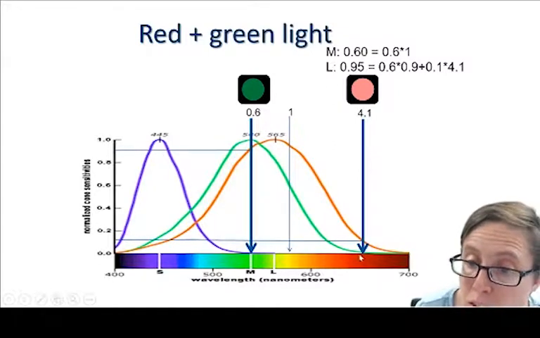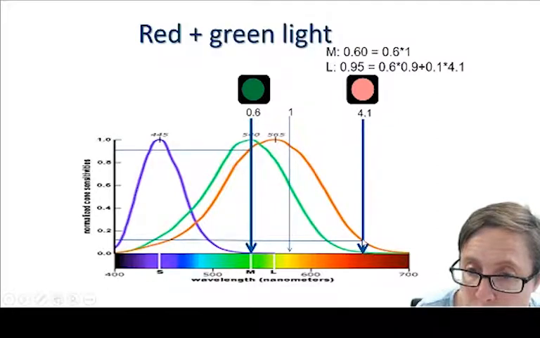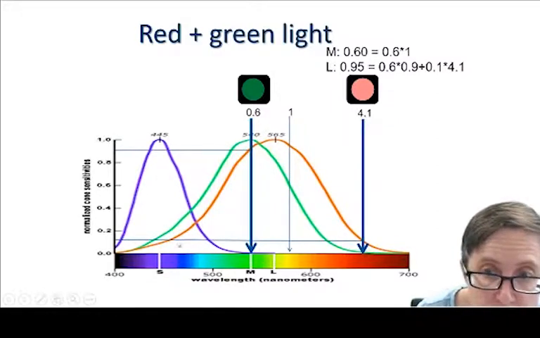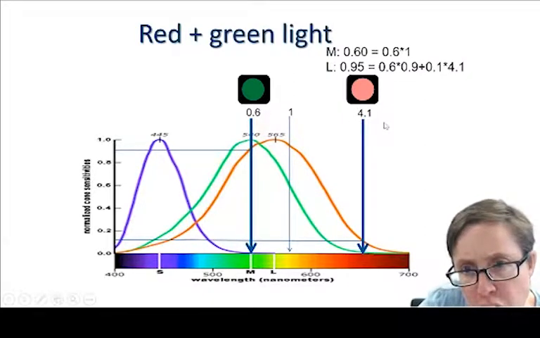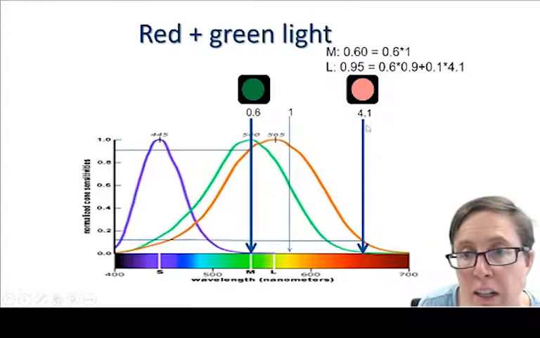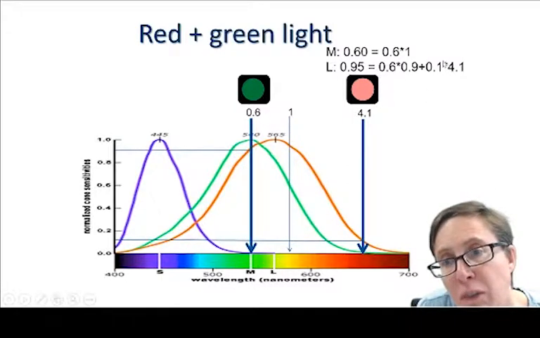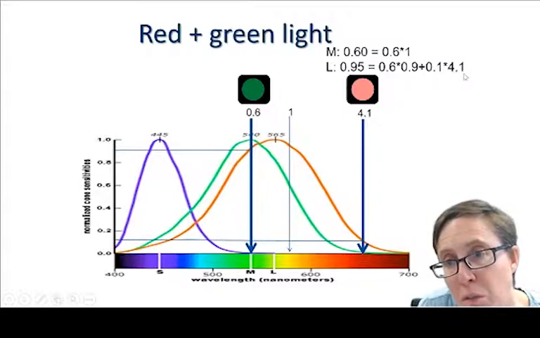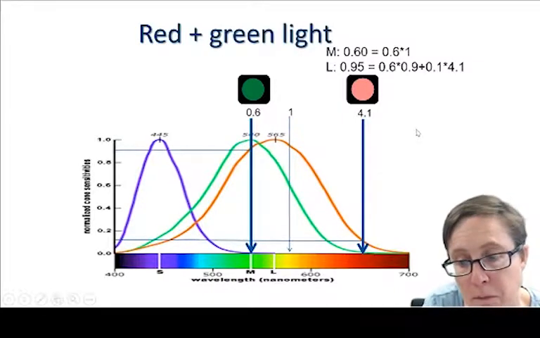It's also activated by the red light. Now the red light is at a wavelength where the L cone is much less sensitive. Let's say it's at 0.1 of its maximum sensitivity. But I've really turned the brightness up of this red light. It's got a value of 4.1, let's say. So the L cone is also activated by 0.1 times 4.1. And if you type those numbers into your calculator, you'll see that they add up to 0.95.